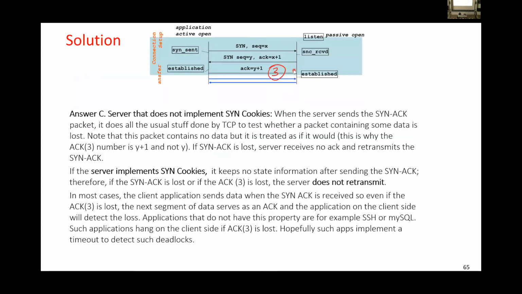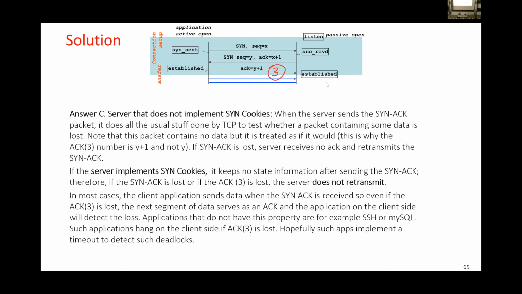There's still a side effect. If you implement SYN cookies, you will not do that, because when you send this one here, you go to sleep. You forget about this connection. That's the goal of SYN cookies. You receive a SYN, you reply, and you forget about it. If one day the ACK comes back, then you know it was a true connection. But if this packet doesn't come back, the connection will fail here.